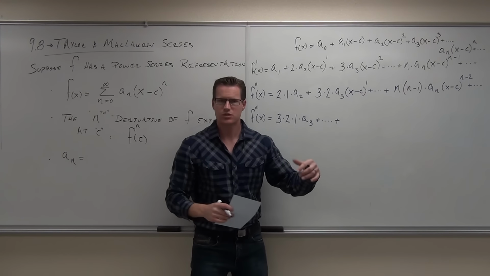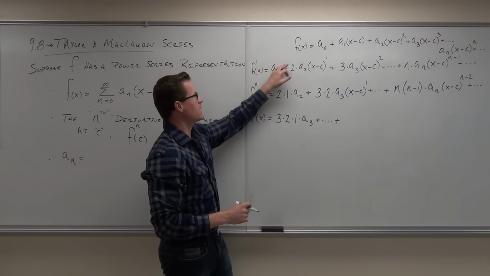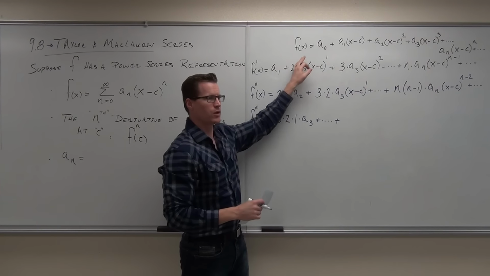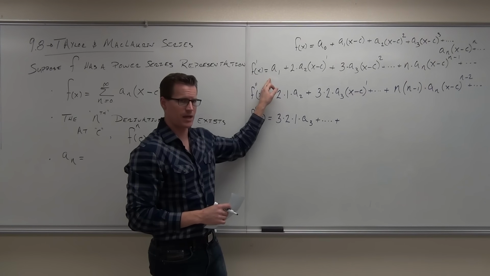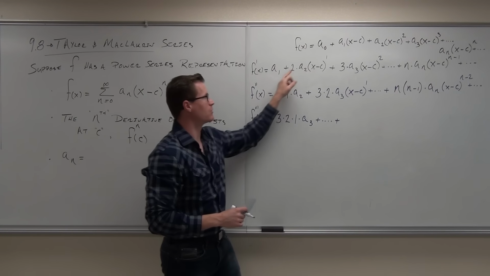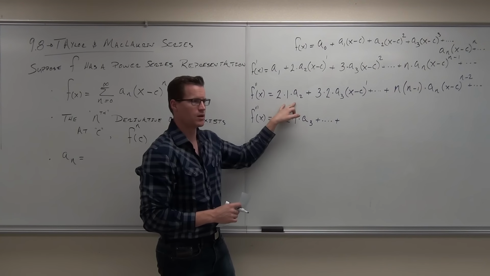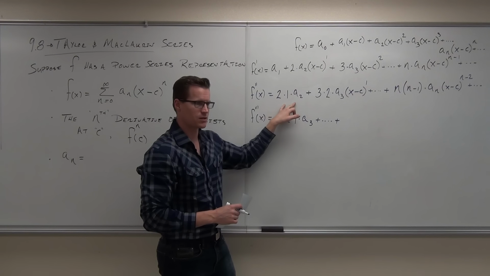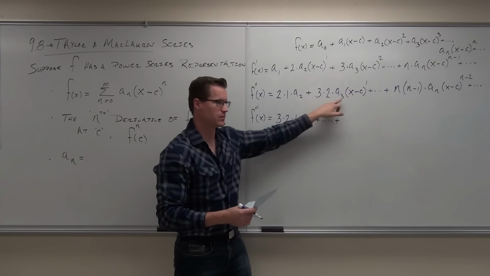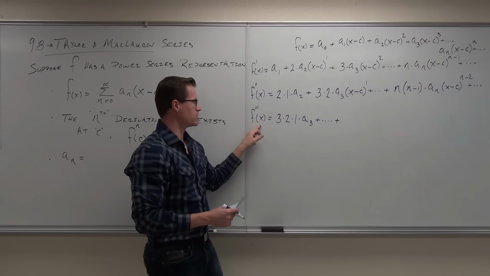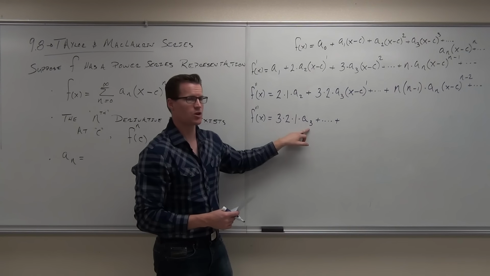Are you with me? So check this out. When we did a first derivative, what I ended with was a sub 1 term as a constant. Are you listening? When I did my second derivative, I ended with my a sub 2 term as a constant. A sub 3 had an x with it. When I did my third derivative, I ended with my a sub 3 term as a constant.